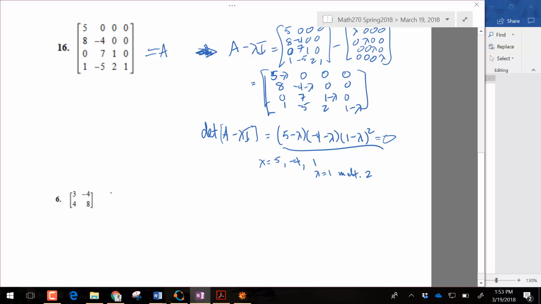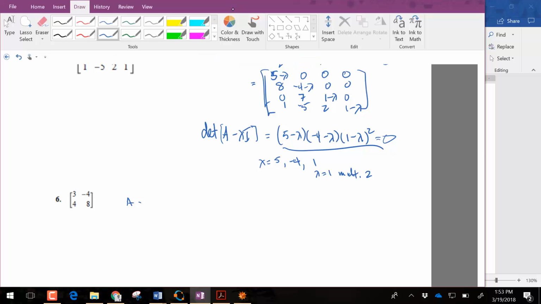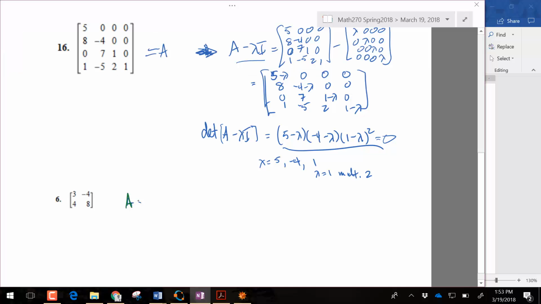Let's do this business to it. A minus lambda I. And once you start getting used to it, just remember that the only thing that changes is that diagonal. So 3 minus lambda, negative 4, 4, and 8 minus lambda.